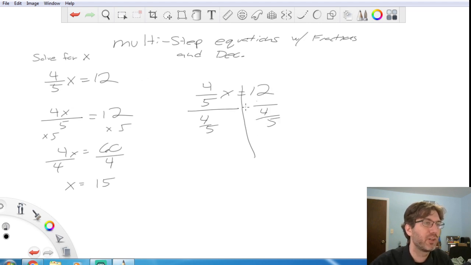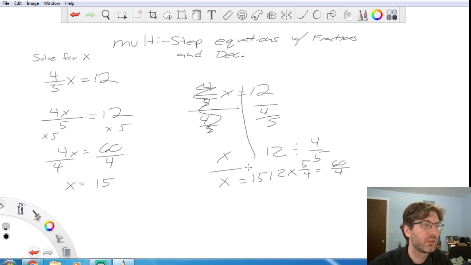When you divide by 4/5, this is going to cancel like always, and this side's going to look like 12 divided by 4/5, which is the same thing as 12 times the reciprocal, 5/4. That's going to give you that 60/4 as well, and then x is going to be equal to your 15. So either way you do it, you're getting the same answer.